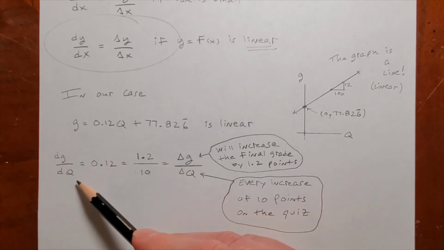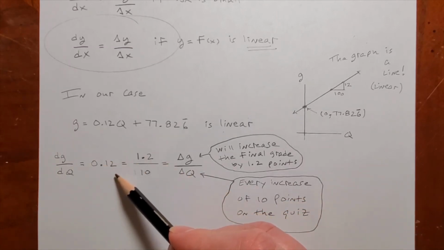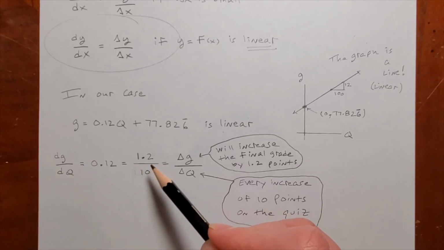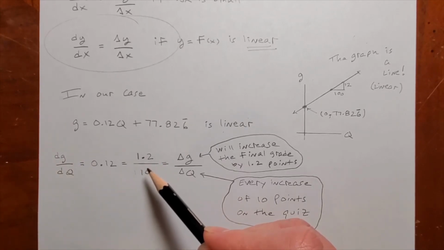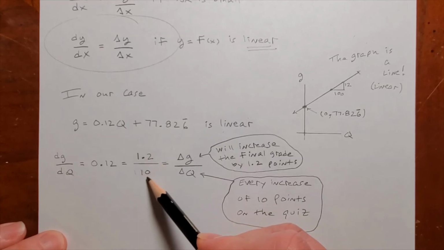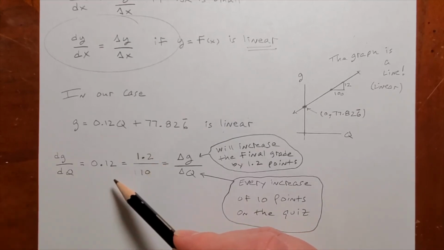So in other words, if I say the derivative is 0.12, and I could write that number, if I wanted to, just for the sake of illustration right now, as 1.2 over 10. Okay? Is 1.2 over 10 equal to 0.12? Yes, okay.